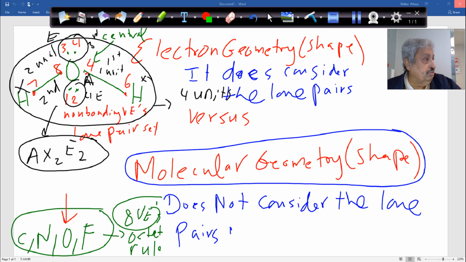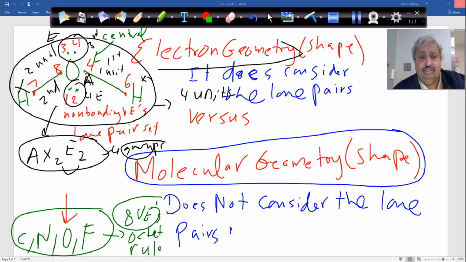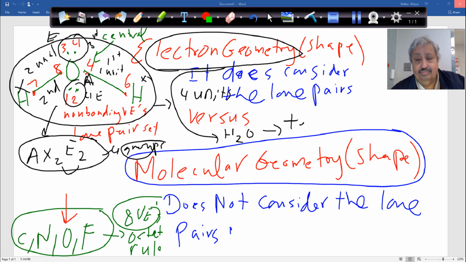With the help of this, I can determine the shape of the molecule. For the electronic or electron geometry, I have to consider all those 4 groups. 2 plus 2 makes 4 groups. So according to this, the electron geometry of H2O is tetrahedral. 4 units. Tetrahedral.